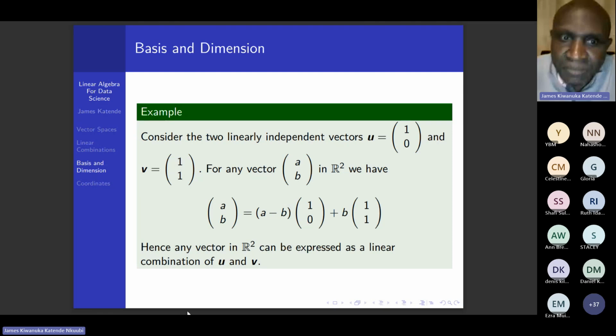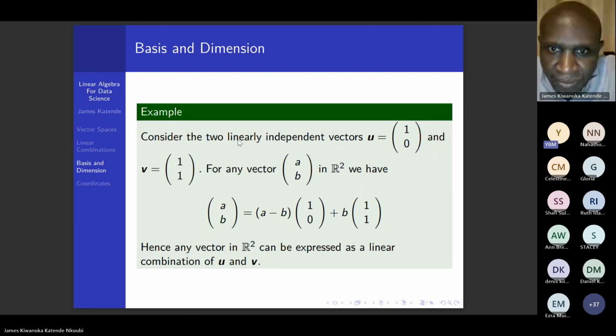So here is another pair of vectors in R2. The first one is (1, 0), and the second one is (1, 1).